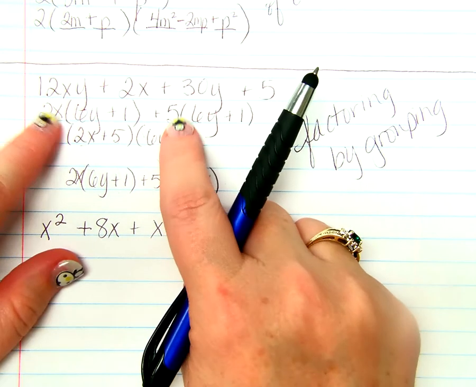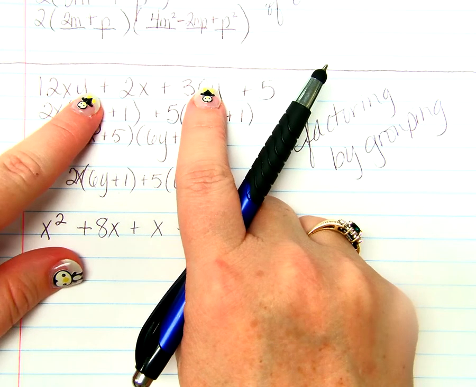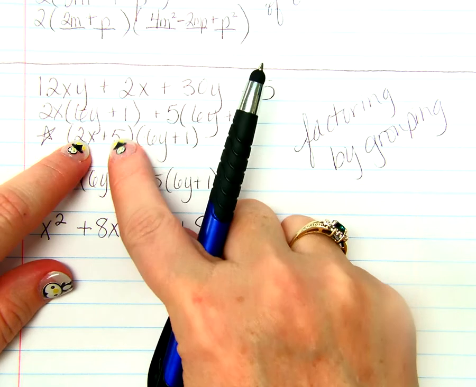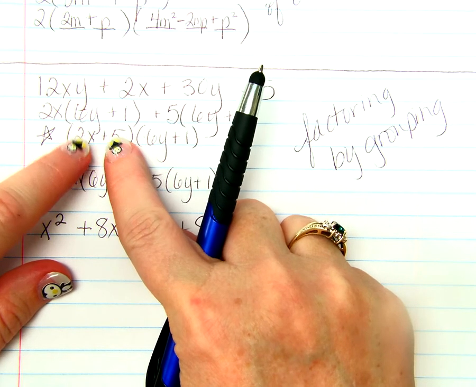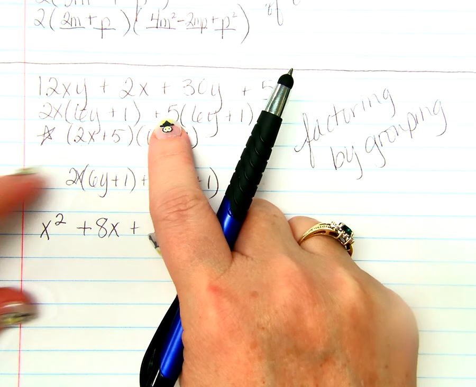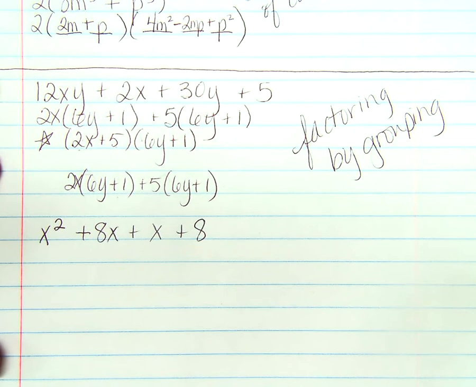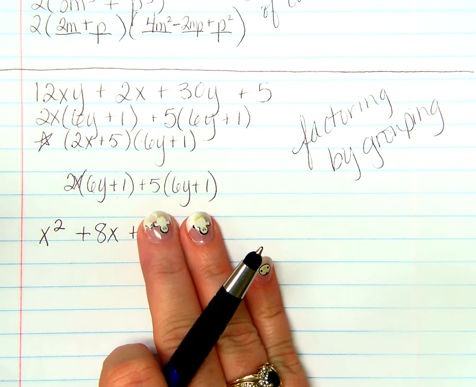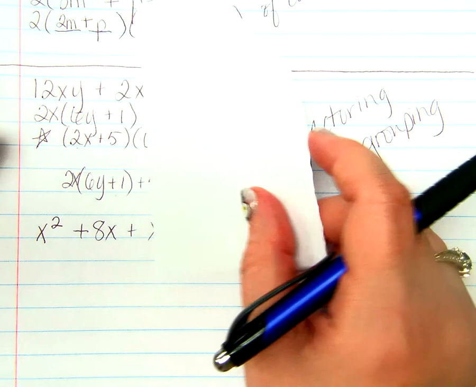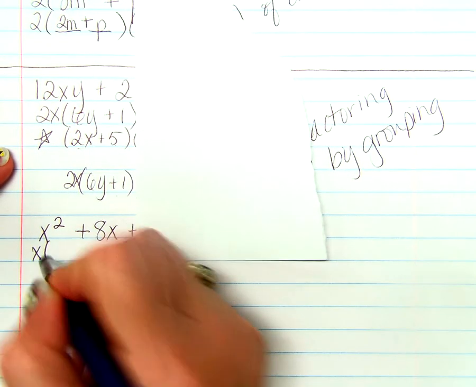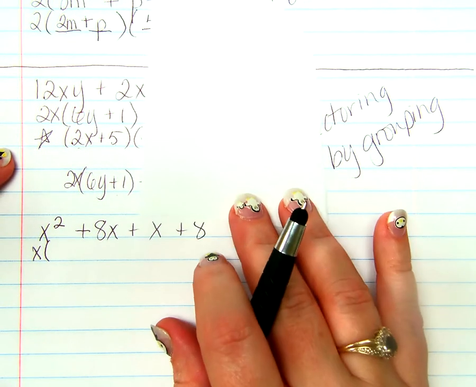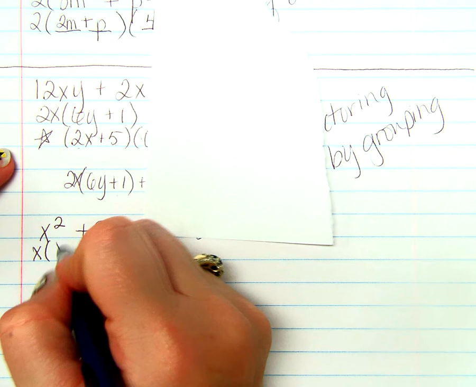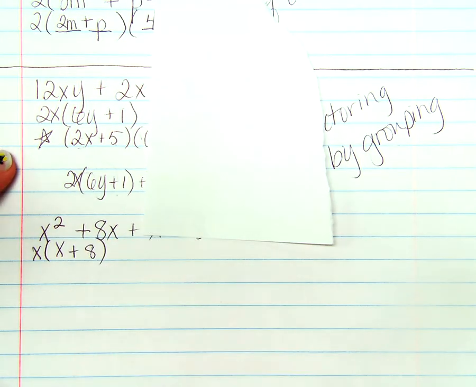Because of the fact that we're pulling something out of each term and then grouping it together in a last parenthesis and a last binomial, that means we have to factor something out of each two sets of terms, right? So what's common in these first two? X, right? So x, when I divide out an x from each term, what am I left with? X plus 8.